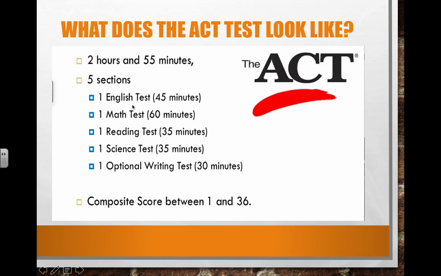You'll have the English test, 45 minutes, 75 questions; the math test, 60 questions, 60 minutes; and the reading test and science test are both 35 minutes, 40 questions apiece. The composite score, the overall score that you get across the 4 tests, will be a score between 1 and 36, 36 being the highest.